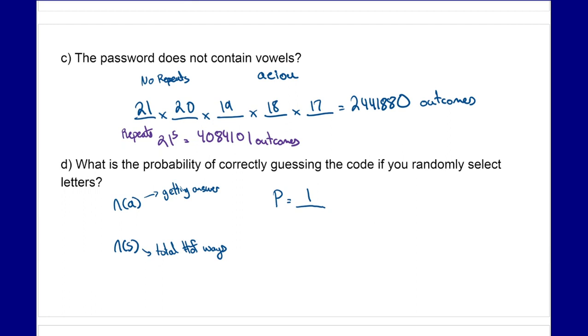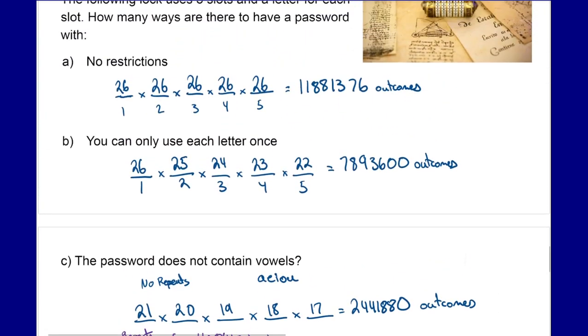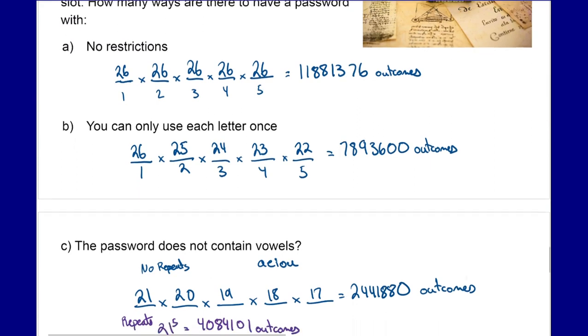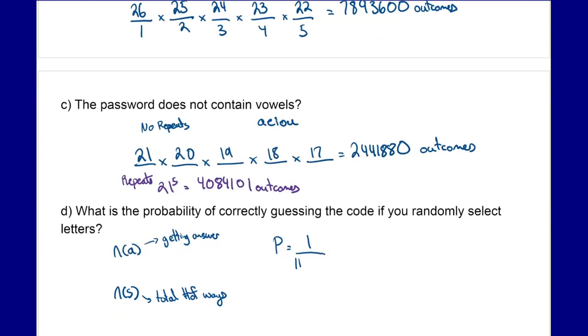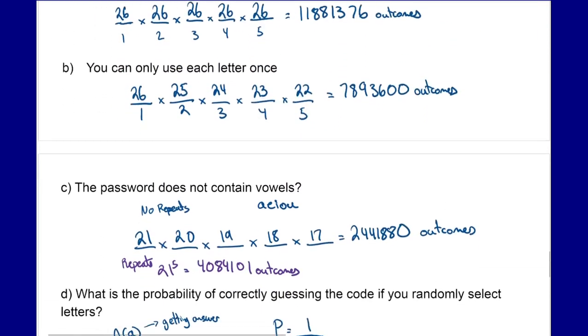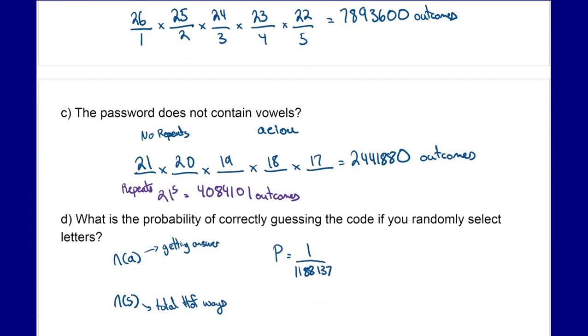For this one, let's go back up to the total number of outcomes, thinking about how many possible ways there are. So the total is 11,881,376. So it is a 1 out of 11,881,376 chance.